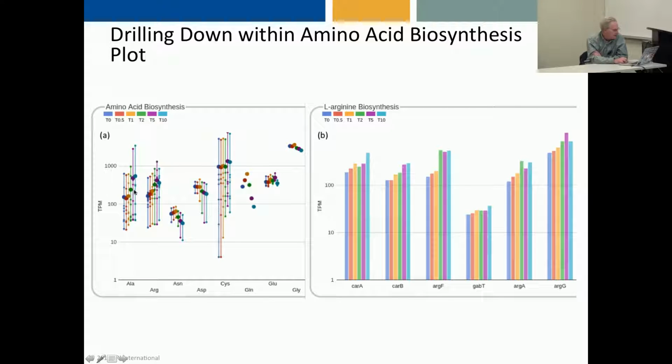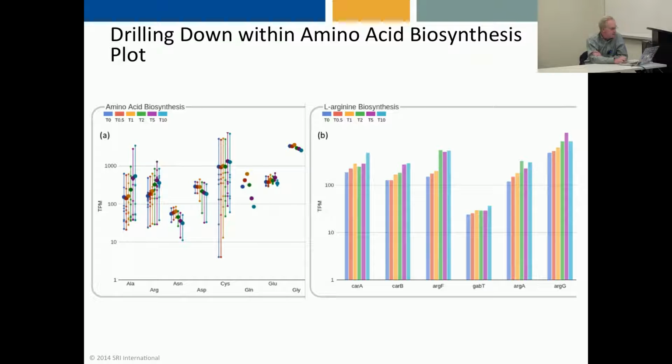So we can see alanine biosynthesis is going up. They're almost all going up except for aspartate biosynthesis. Oh, actually, in asparagine biosynthesis, they're both going down for some reason. Cysteine is staying about the same. Glutamine is going down a bit.